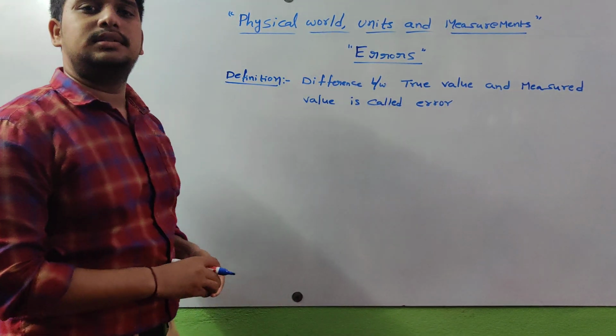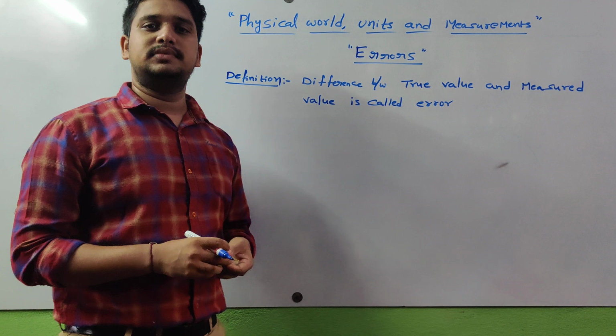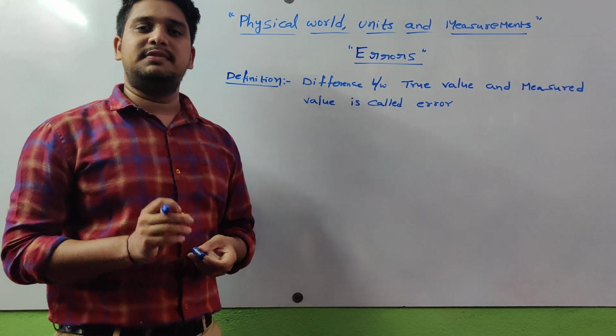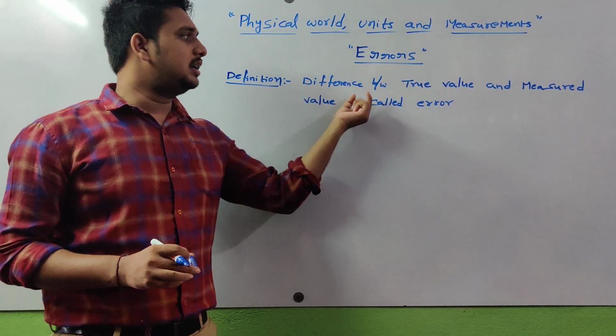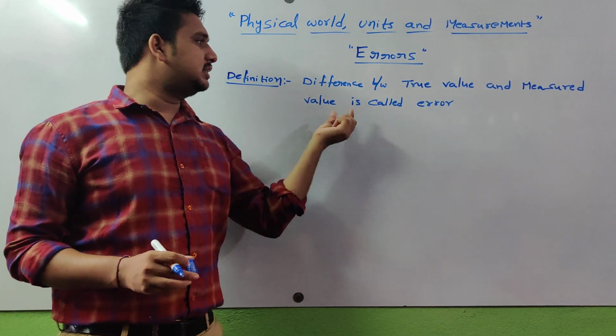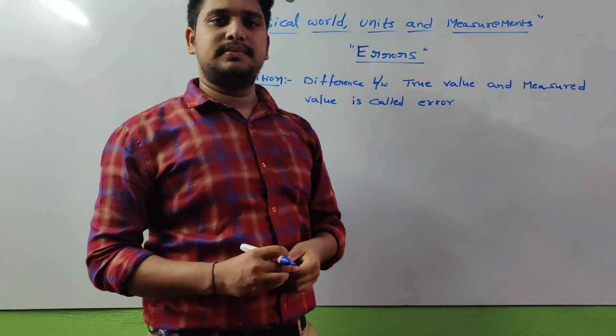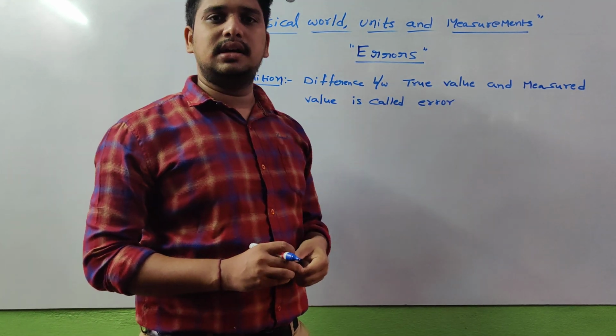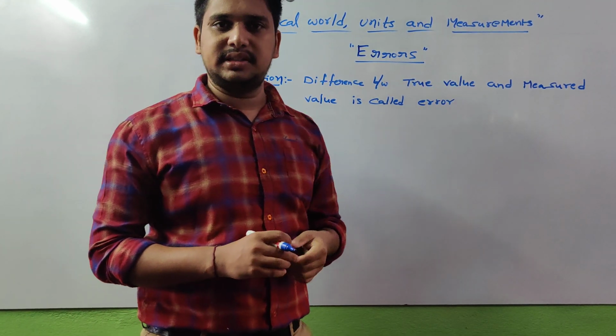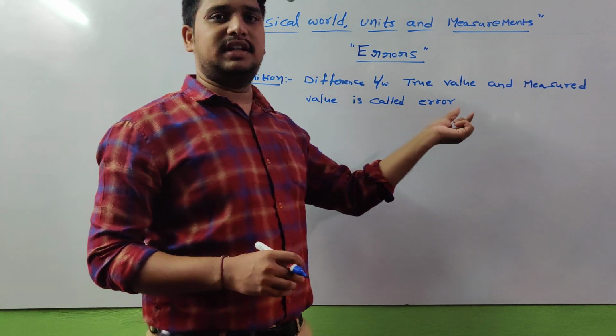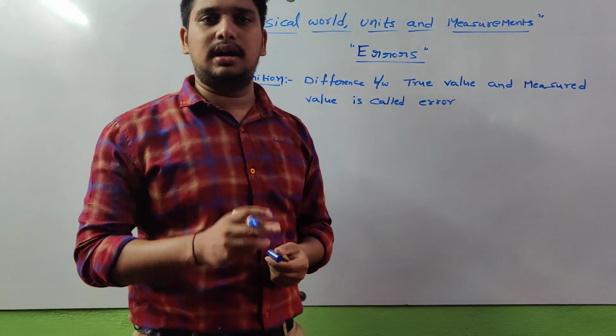For example, let us consider one student. The student did an experiment in a physics lab. He got a measured value of 6 units, but the true value is 5.9 units. That means the difference between 6 and 5.9 is called error.